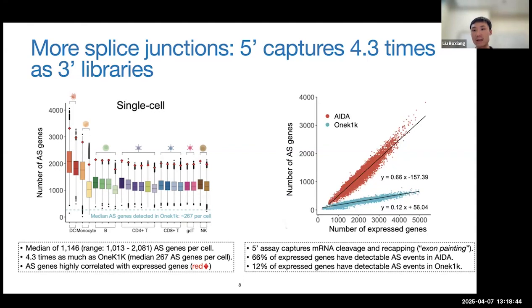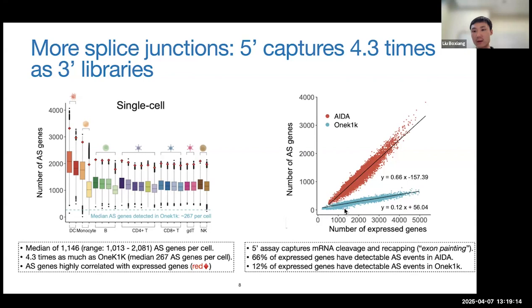And when we were submitting this paper, the reviewers asked us, are you just sequencing more deeply? So here on the right, I'm showing you that that's not the case, because on the x-axis is the number of expressed genes, which is linearly correlated with the sequencing depth, right? So the more you sequence, the more number of genes you detect, to a point, right? To a saturation point. On the y-axis is the number of alternatively spliced genes.